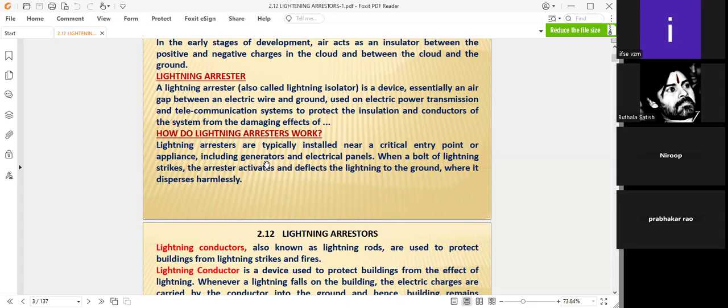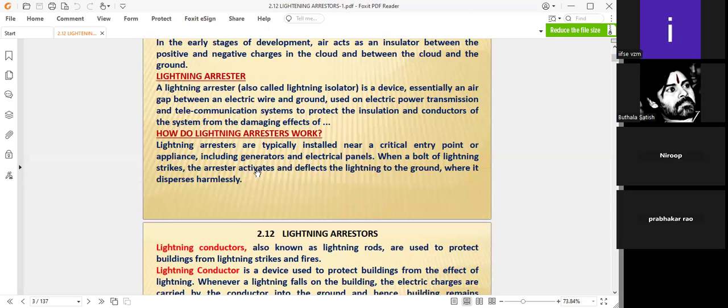How it works is, the arrester activates and deflects. Immediately its working starts and it deflects the lightning. When the lightning is received from the cloud or the atmosphere by the arrester, it activates immediately.